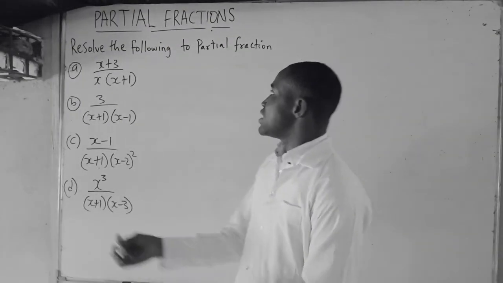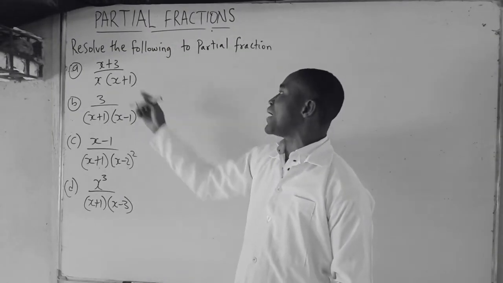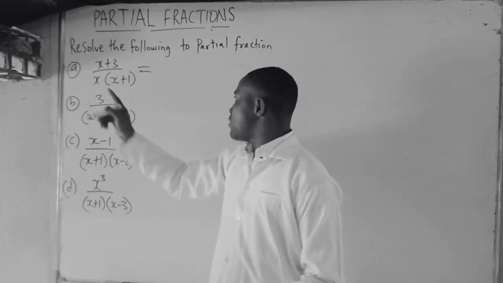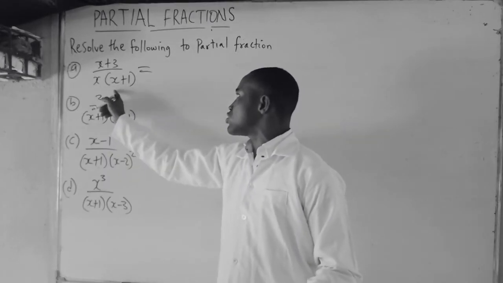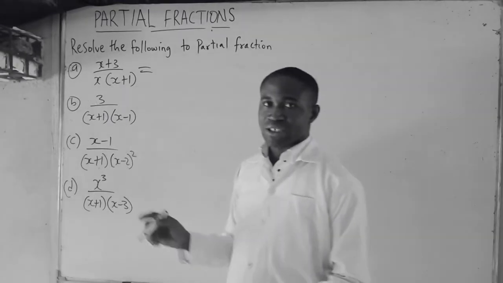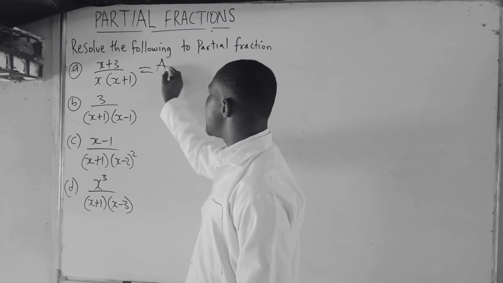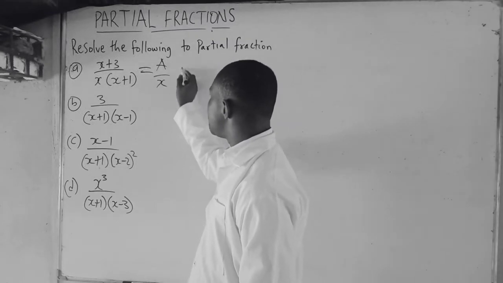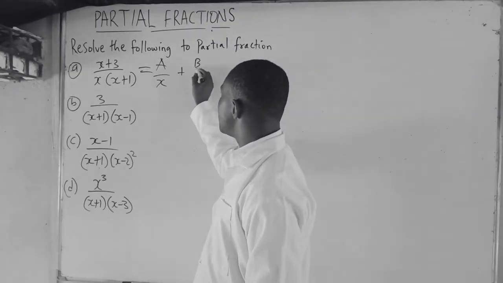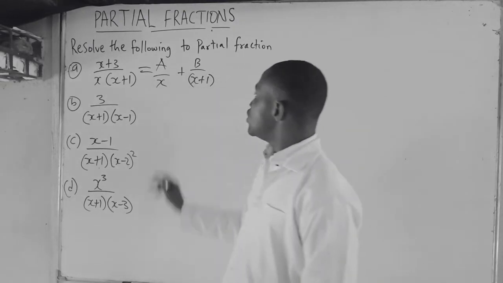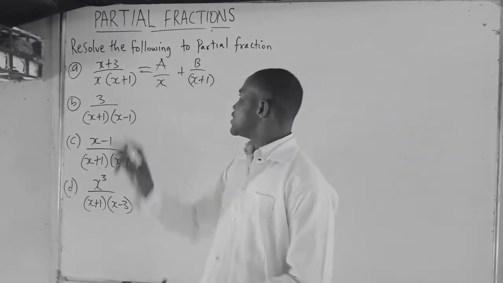Now, when they ask you to resolve this into partial fractions, since these denominators are linear factors and they are non-repeated, that is, they are not the same, you say this means A over x plus B over x plus 1. So these are the partial fractions of this.